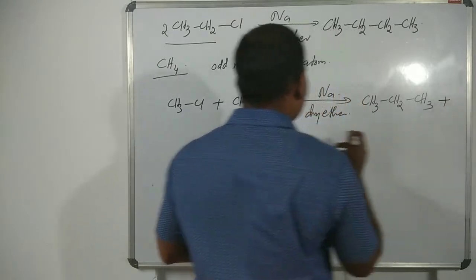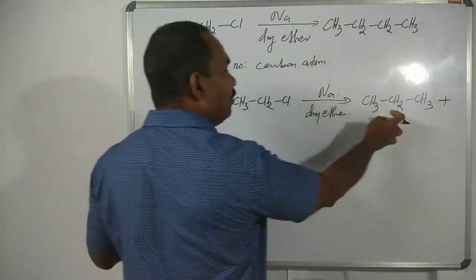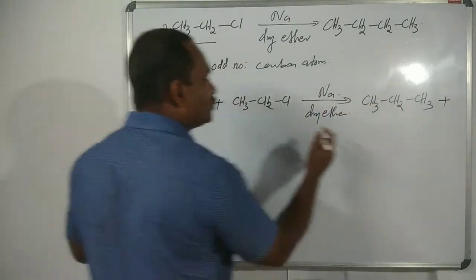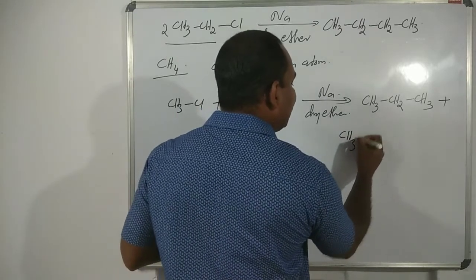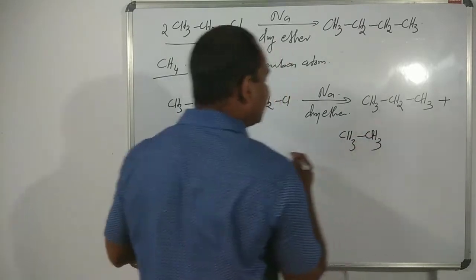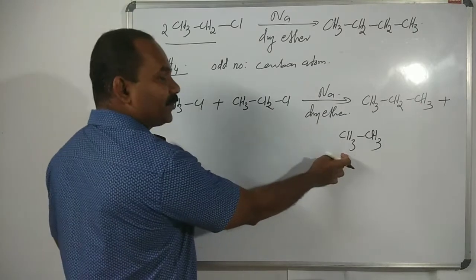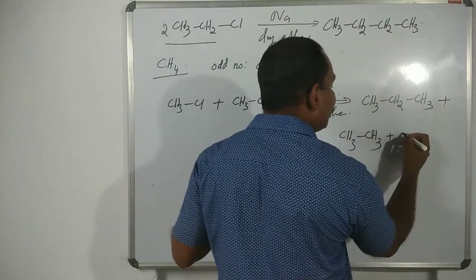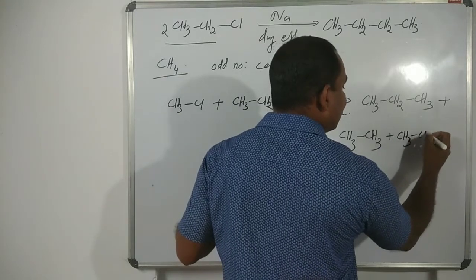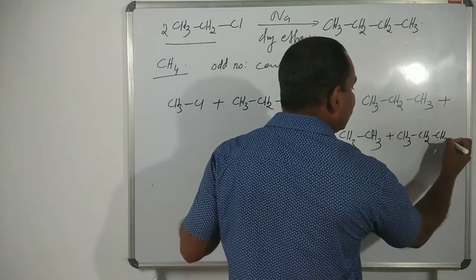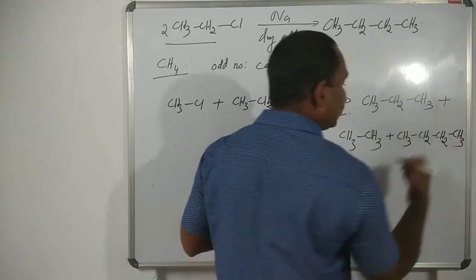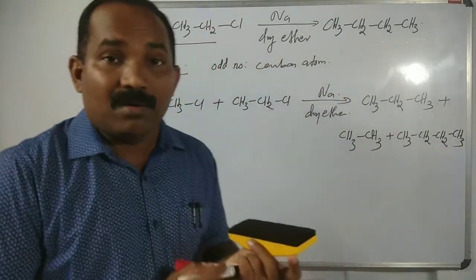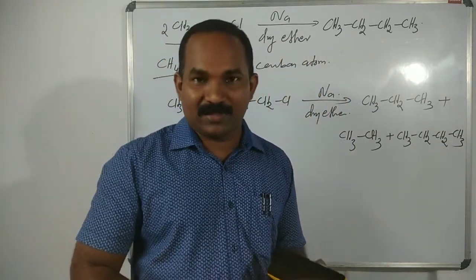Byproducts are formed. These two combine to form propane, but the other possibility is CH3 combines with CH3 and ethane is formed, and the ethyl group combines with the ethyl group to form CH3CH2CH2CH3. We get a mixture of alkanes.